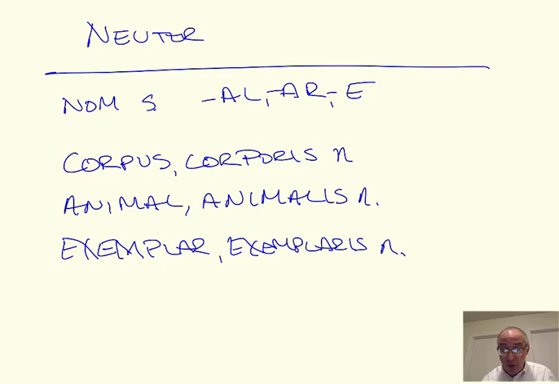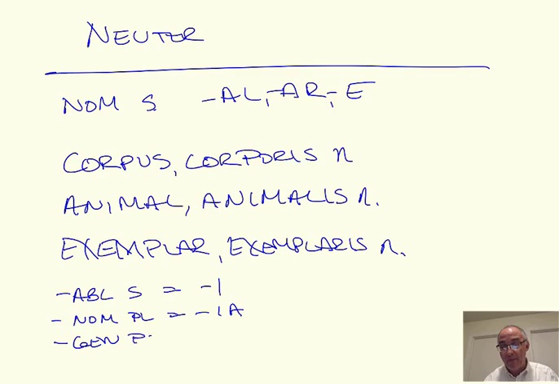What does this mean for the neuters? The ablative singular ends in an I. The nominative plural ends in an IA. And the genitive plural ends in an IUM.